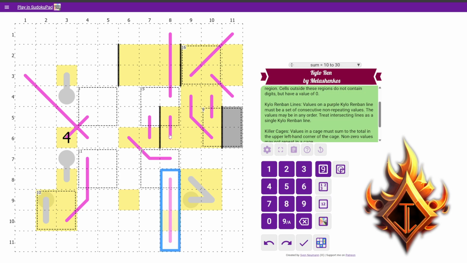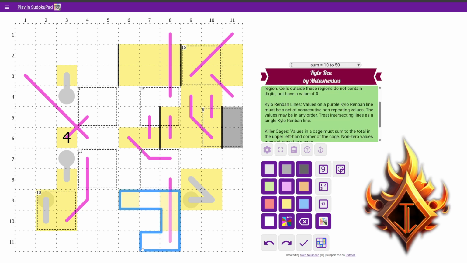Hmm. Now I'm totally confused again. It is true to say, though, that I cannot get both of these. No, that's not true to say. It's true to say that that is yellow.